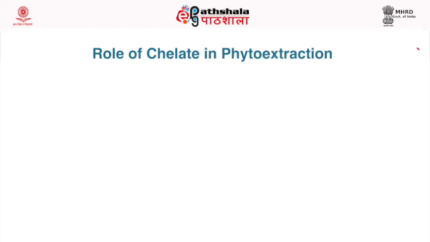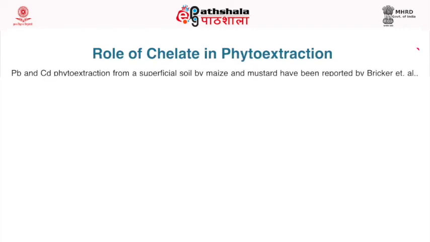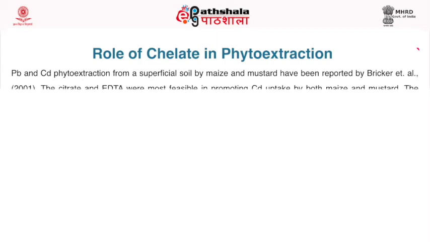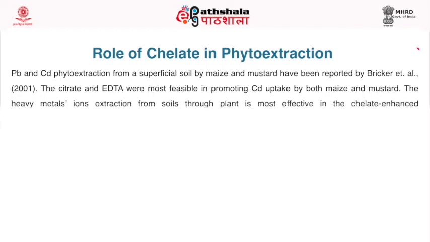Now, let me discuss the role of chelates in phytoextraction. Lead and cadmium phytoextraction from a superficial soil by maize and mustard have been reported by Bricker et al. 2001. The citrate and EDTA were most feasible in promoting cadmium uptake by both maize and mustard.